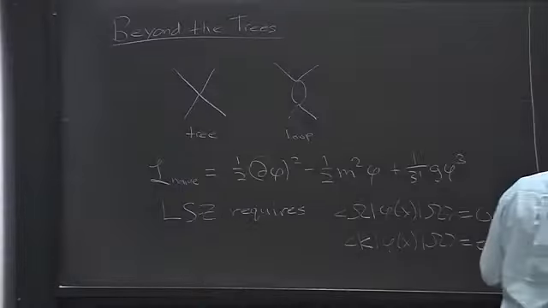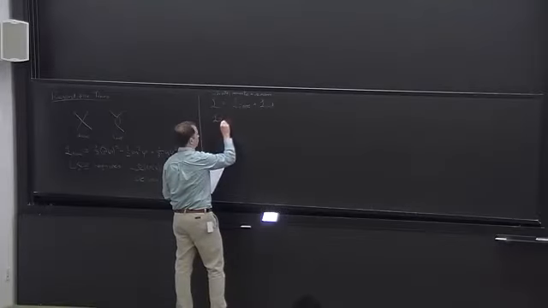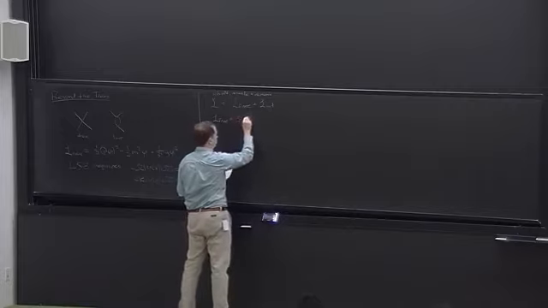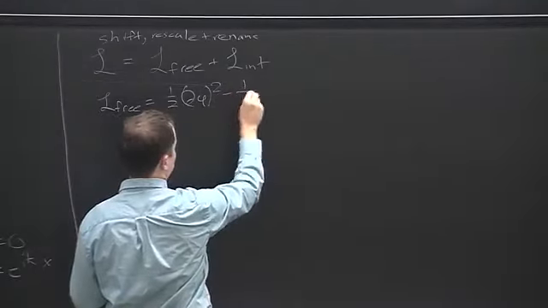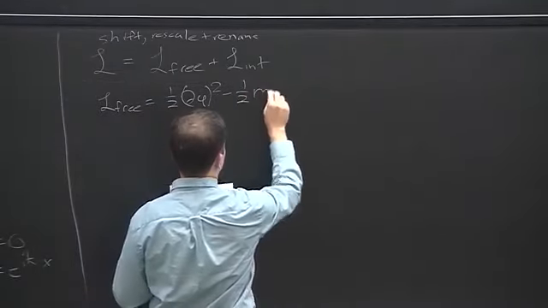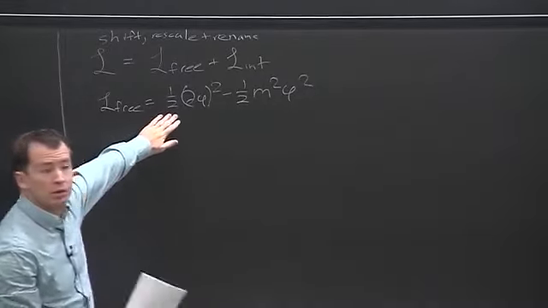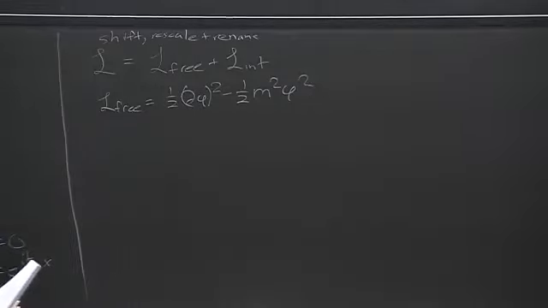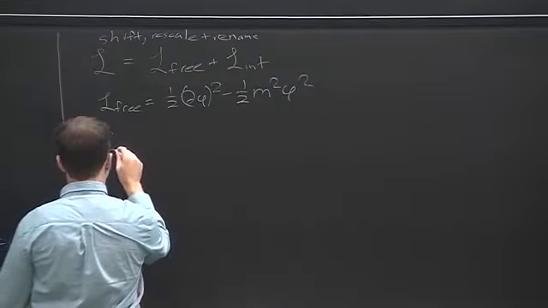We still want our free part to be the Klein-Gordon part, because that's a theory we've solved. We know what all the states and operators look like. So we'd still like to do perturbation theory around the free Klein-Gordon theory. But shifting and rescaling will introduce additional terms.